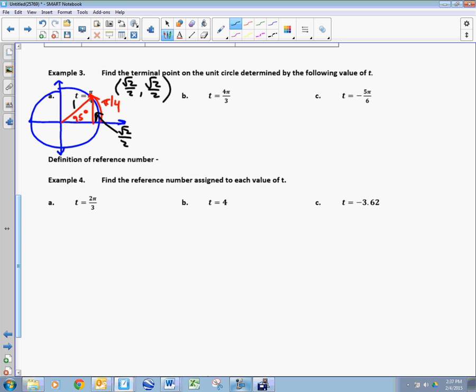All right, so 4 pi over 3, we convert that to degrees. What would it be? 240 degrees, so you know how far you should go around. 240 degrees is right there.